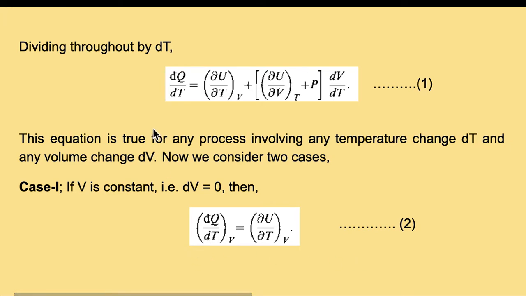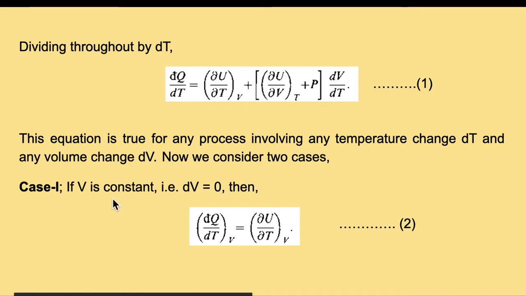And dividing throughout by dT, our equation is now d̄Q/dT equals ∂U/∂T at constant volume plus [∂U/∂V at constant temperature plus P] whole into dV/dT. This equation is true for any process involving any temperature change dT and any volume change dV. Now we consider two cases.